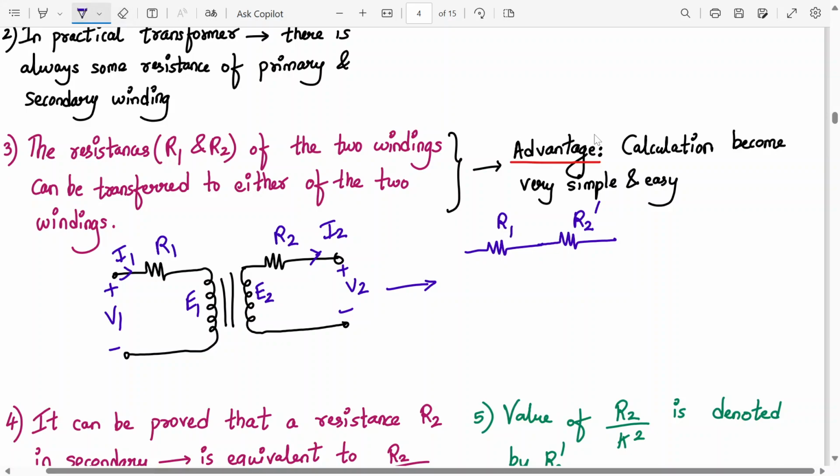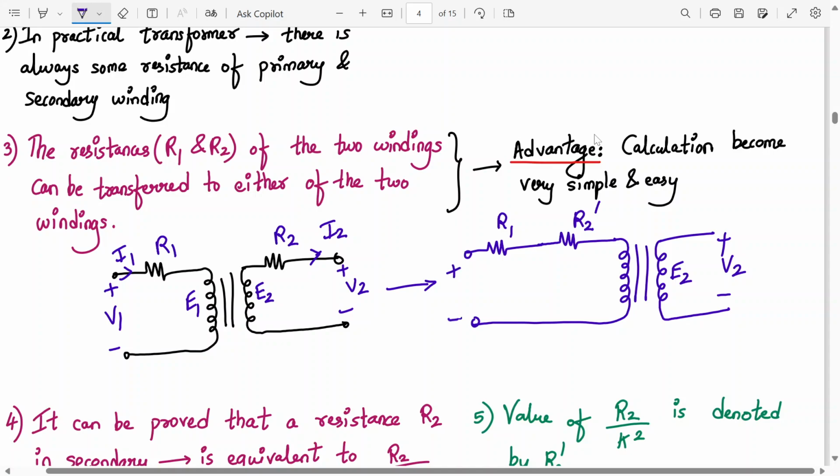So R2 becomes R2 dash when transferred to the primary side. I'll draw the transformer again, and for the secondary, I'll not show the winding. That gets transferred to the primary winding. This is V1, this is E1, and this current is I1.